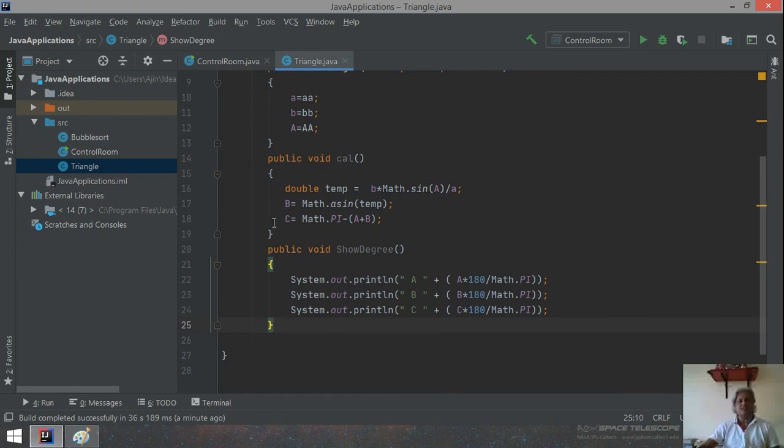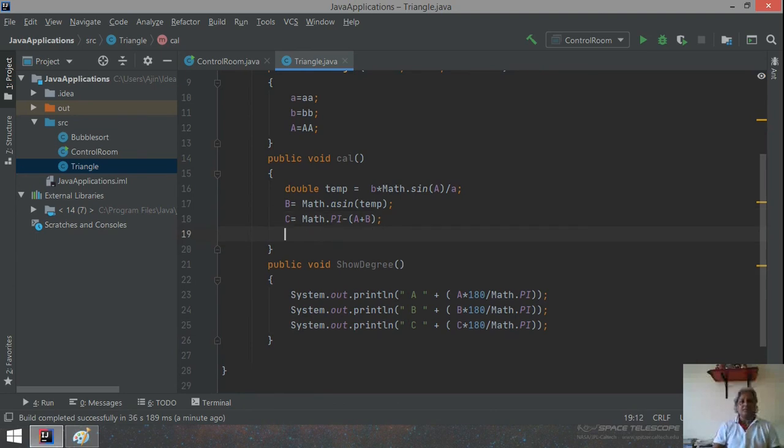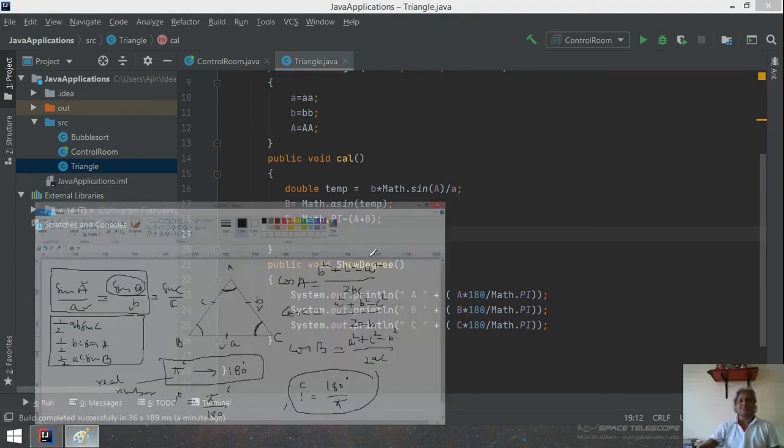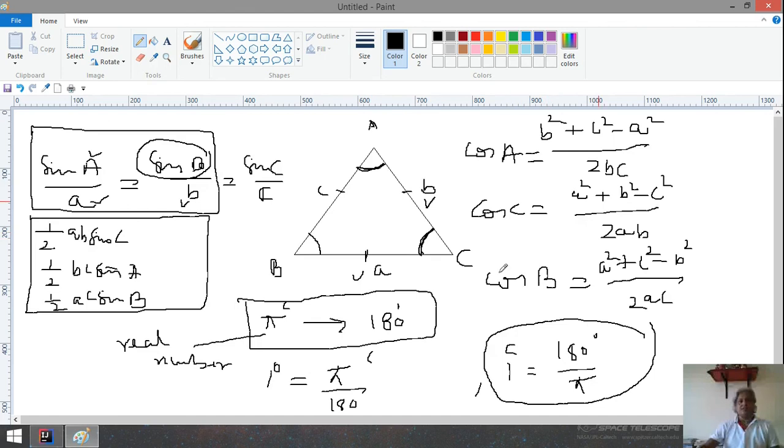So here, since it is working nicely, inside this calculation I can use the idea for the calculation of the side C, that is this one. How to calculate the side C? Since I already have two sides, I can find this C here.